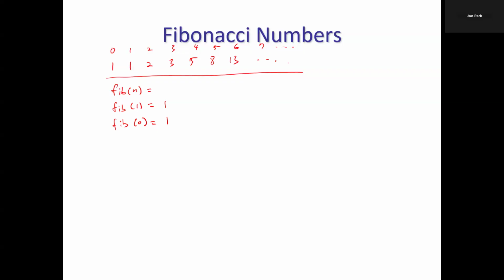Very close. But we don't want to add n minus 1 and n minus 2. We want to add the n minus 1th Fibonacci number and the n minus 2th Fibonacci number. So what change should we make to that? Fib of... yeah, so fib of n is fib of n minus 1 plus fib of n minus 2.